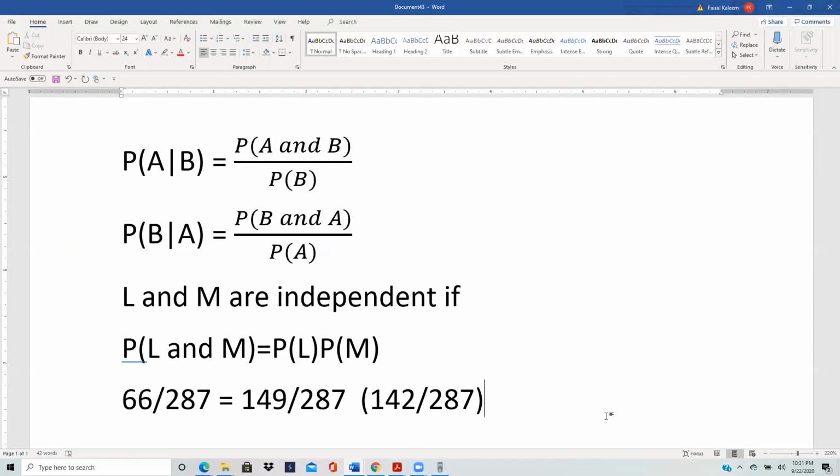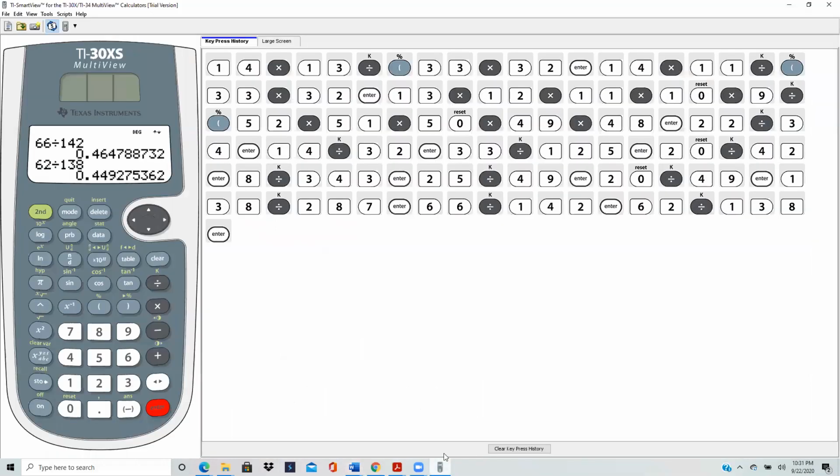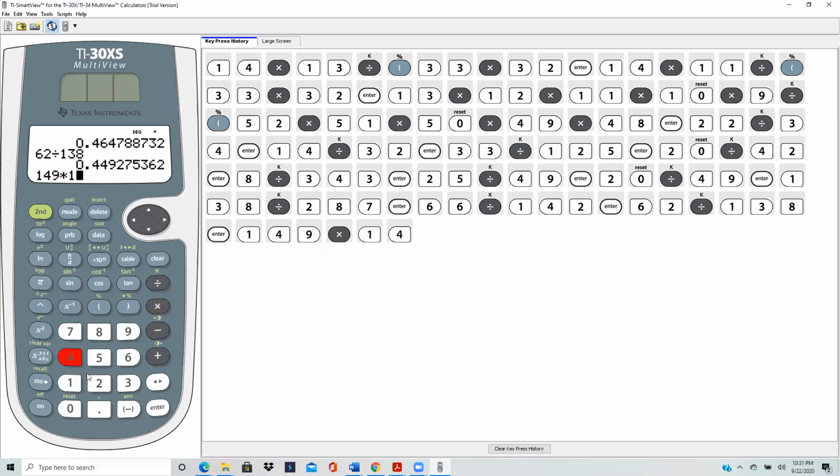Okay, so I calculate the right hand side. 149 over 287 times 142 over 287, that's 149 times 142 divided by 287 squared.